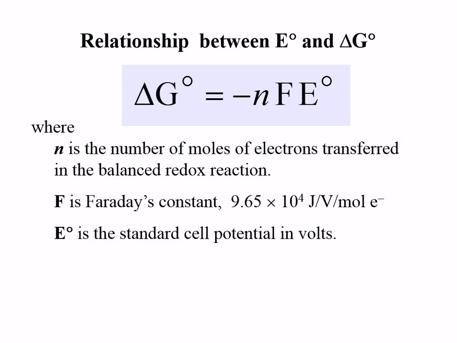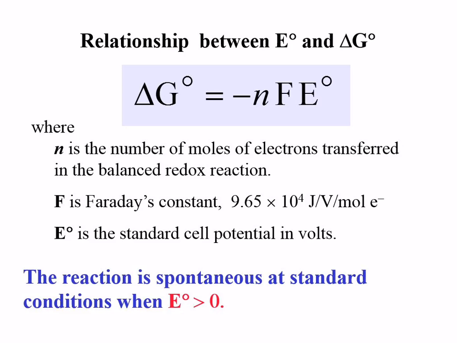So Gibbs free energy of a redox reaction is equal to the negative of the moles of electrons flowing, times Faraday's constant, times the cell potential. This is all consistent. We said that as written from left to right, your reaction will be spontaneous from left to right if the change in Gibbs free energy of the reaction is negative.